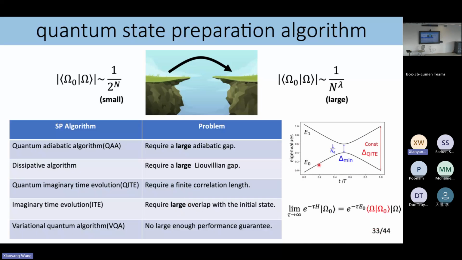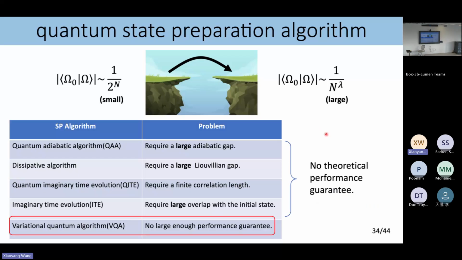For example, in the adiabatic algorithm, we usually need a non-decreasing adiabatic gap. However, for many practical problems, it is very hard to derive this adiabatic gap or the Liouvillian gap. So for many of the state preparation algorithms, there is no performance guarantee to say that we can go from the exponential overlap to the polynomial overlap.